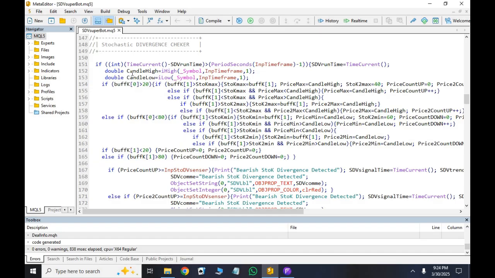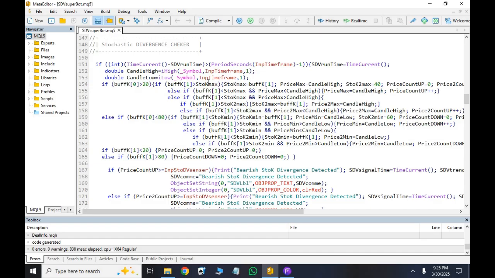we get the candle high value and candle low value. If buffer K value is greater than 20, we check the bearish divergence, and if buffer K value is less than 80, then we check the bullish divergence. To check the divergence, first we check if buffer K value is greater than the Stochastic max value.